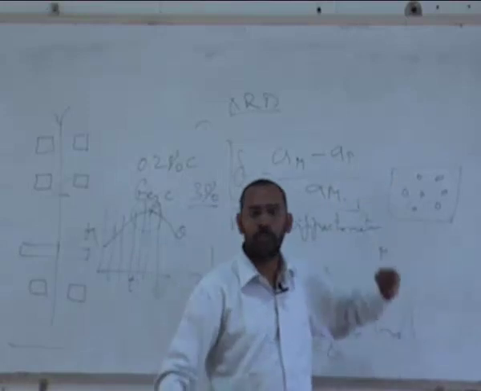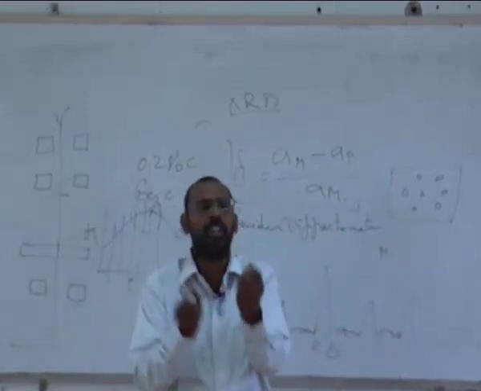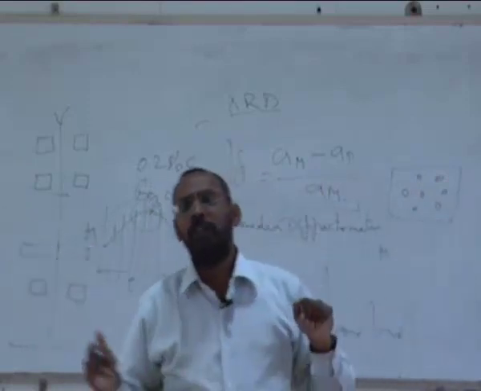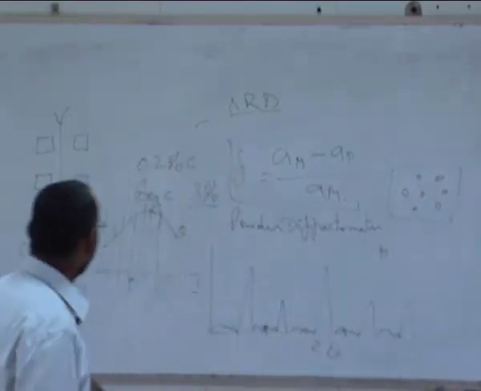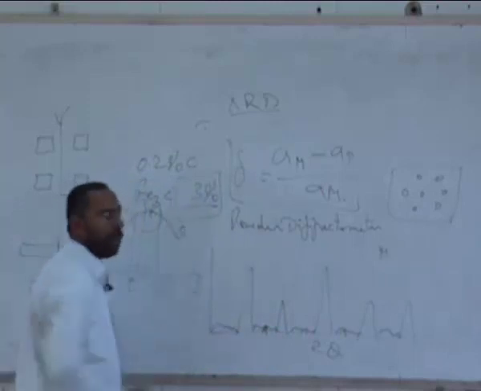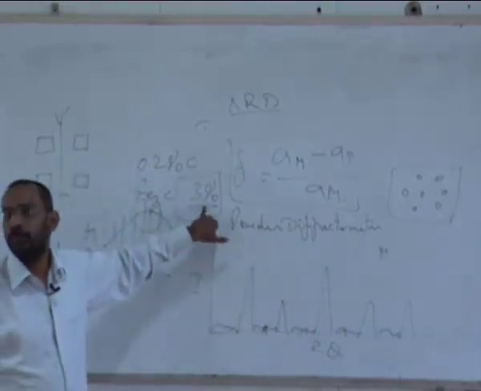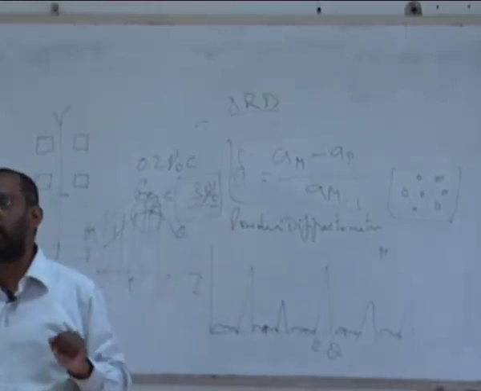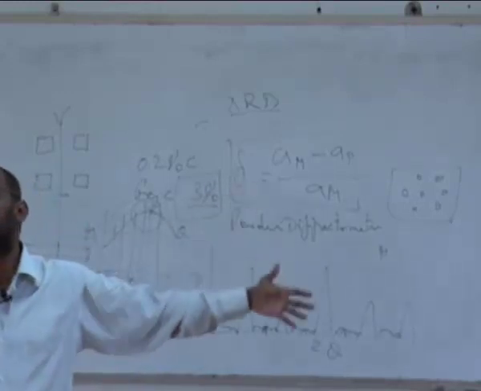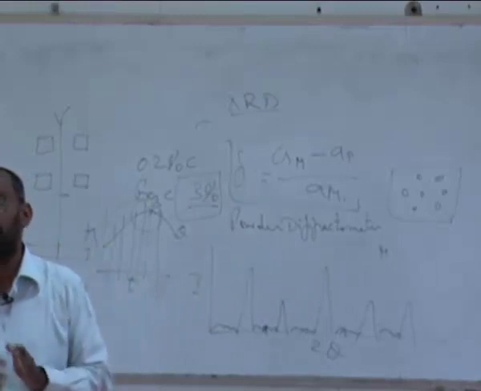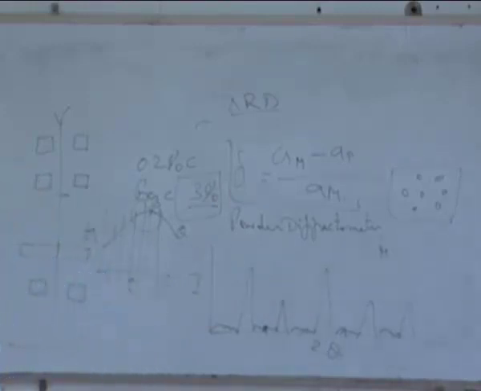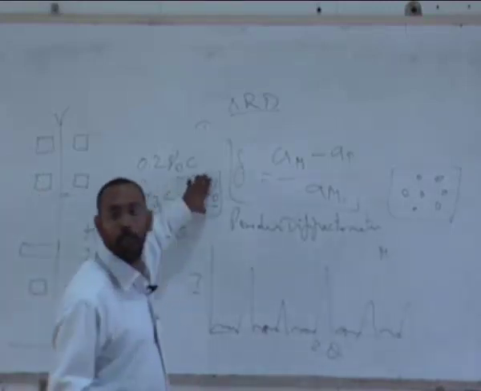The volume fraction of these particles in the initial stages is very small, because the number that I am calculating from the phase diagram is an equilibrium value. Unless the whole process is complete, whatever the maximum amount of cementite that can evolve at a particular temperature, unless that evolves, I am not able to get this particular percentage.